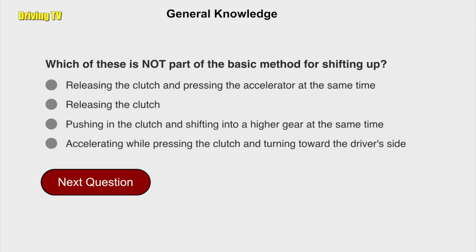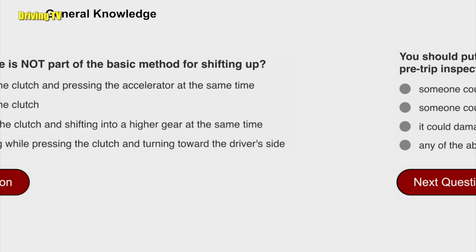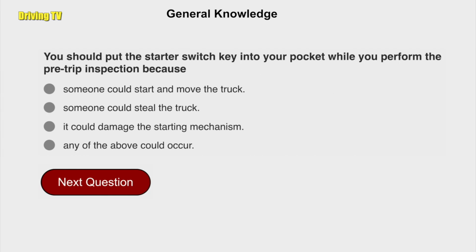Which of these is not part of the basic method for shifting up? Accelerating while pressing the clutch and turning toward the driver's side. You should put the starter switch key into your pocket while you perform the pre-trip inspection because someone could steal the truck.